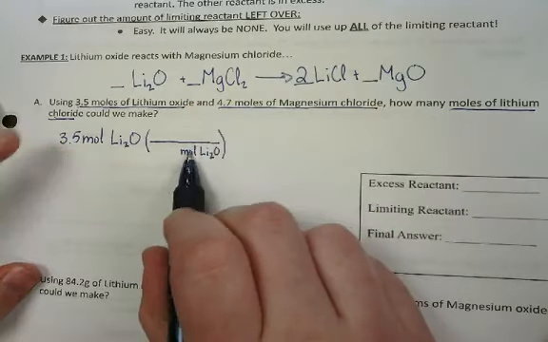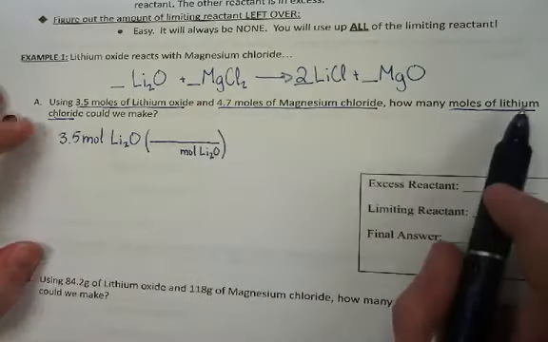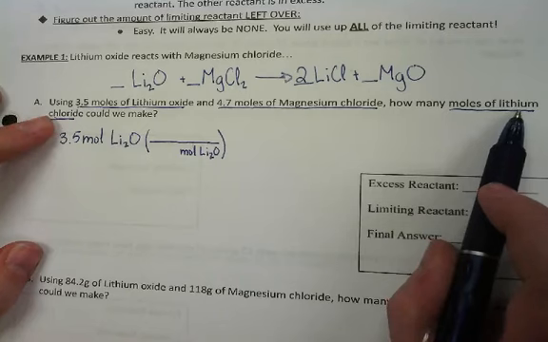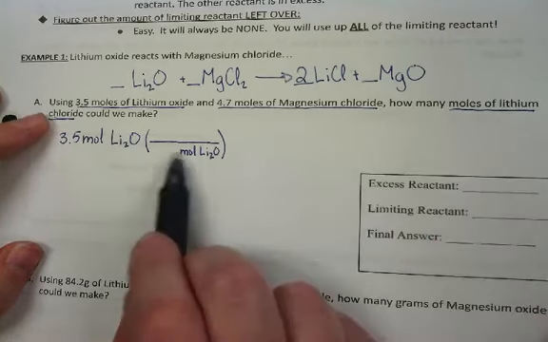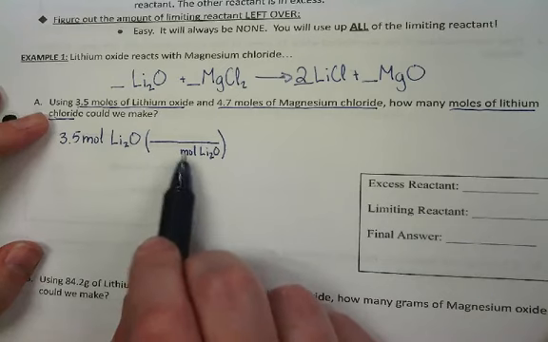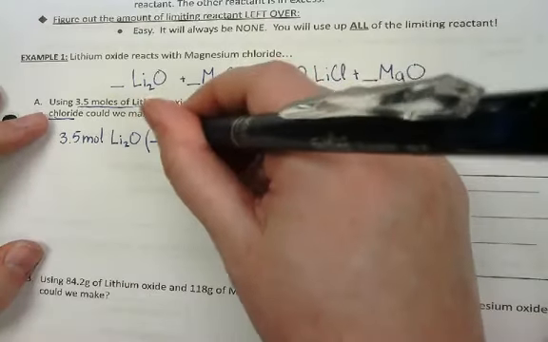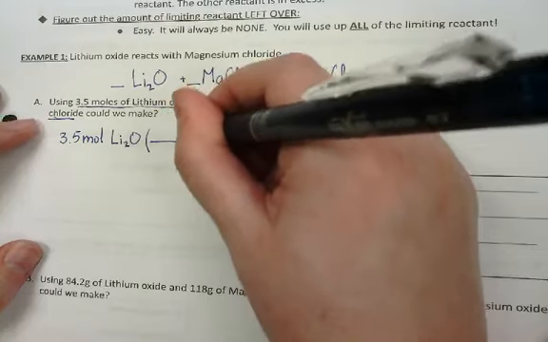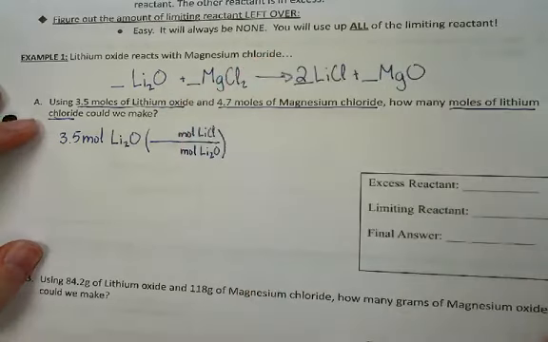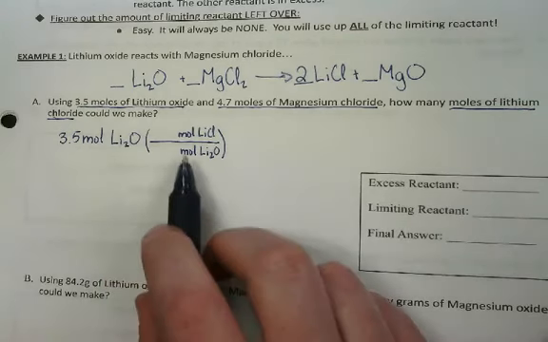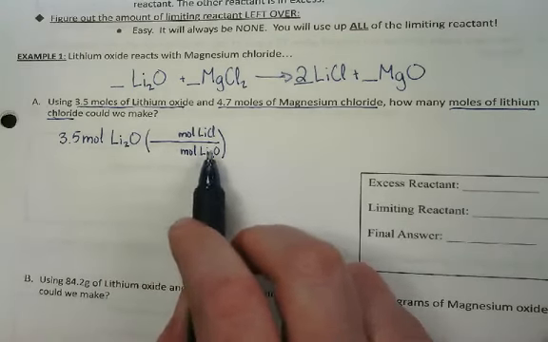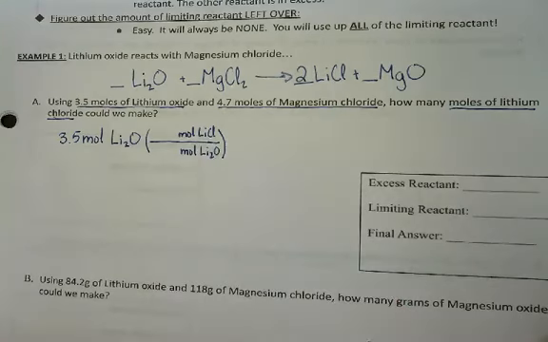Now I'm in moles, and I need to change what substance I'm talking about, because it's asking for moles of lithium chloride. The only time I can change what substance I'm talking about is when I'm in moles. I'm already in moles, so I can just switch to moles of lithium chloride. I'm only changing one thing. I'm not changing my unit, so that means I can change my substance.